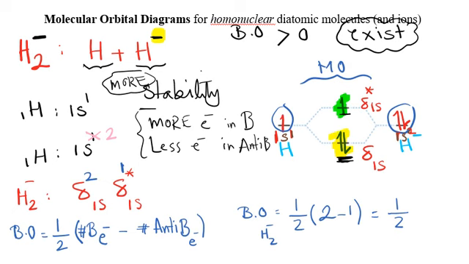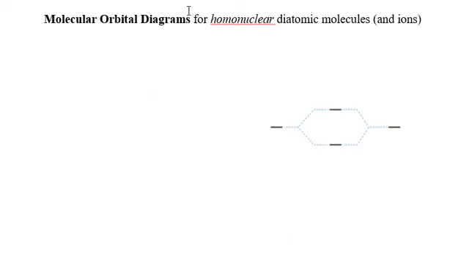Right now, I'm going to focus on another example like H2 plus, and see how it works for H2 plus. So let's move a little bit faster, talking about 2 hydrogen atoms, and one of the hydrogens has one positive charge.